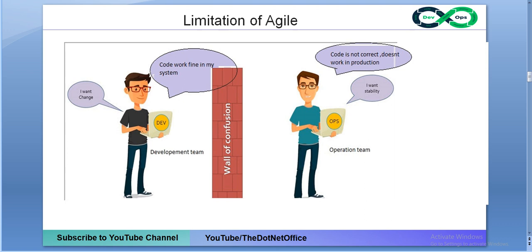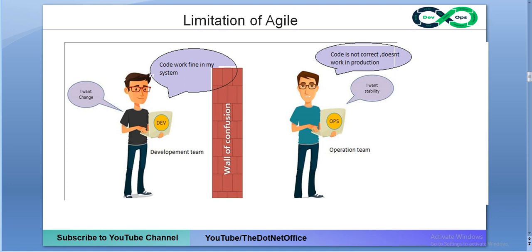But once the code is deployed on the production server, because of some packages or some other problem, those changes are not working in production. Then the operation team thinks the code is not correct, and because of the developer's mistake these changes are not working properly.